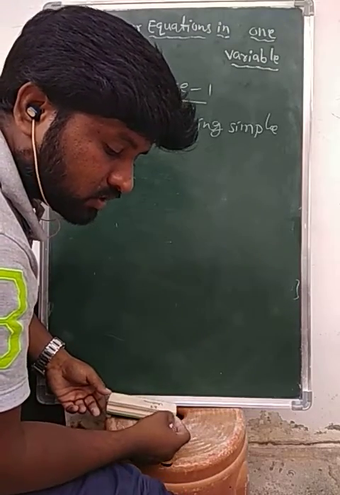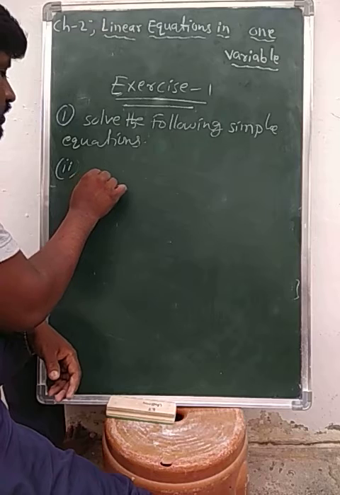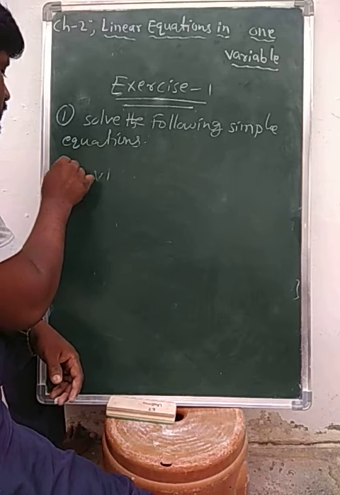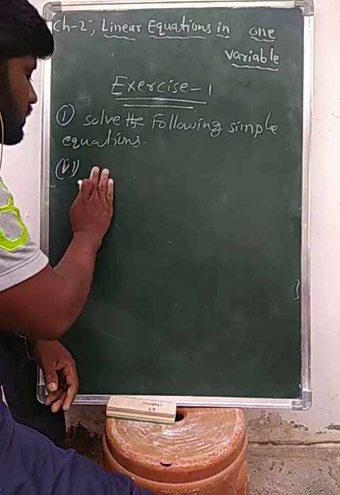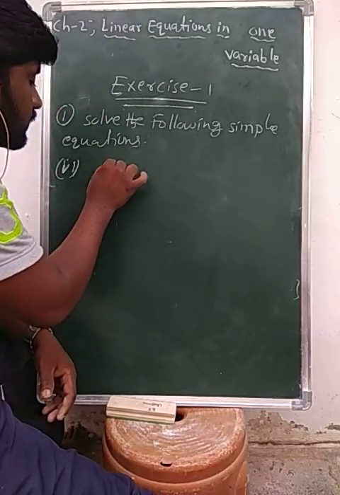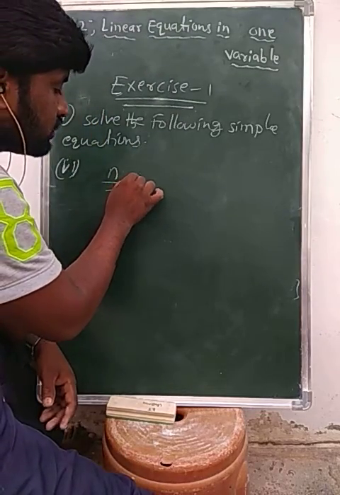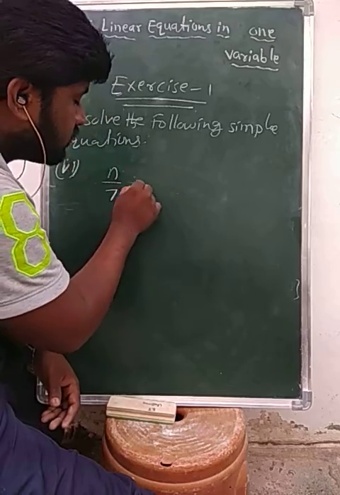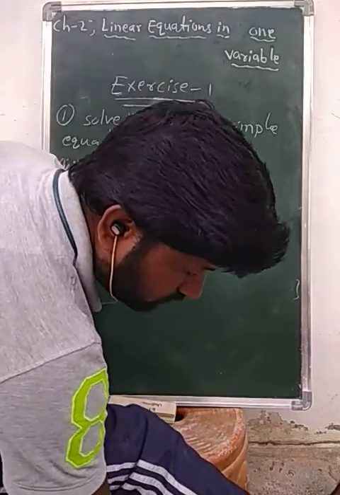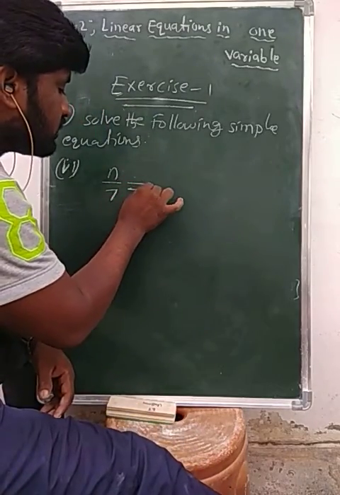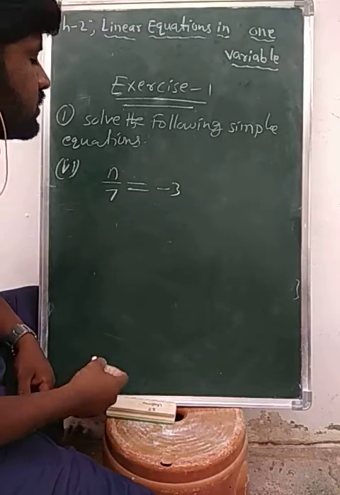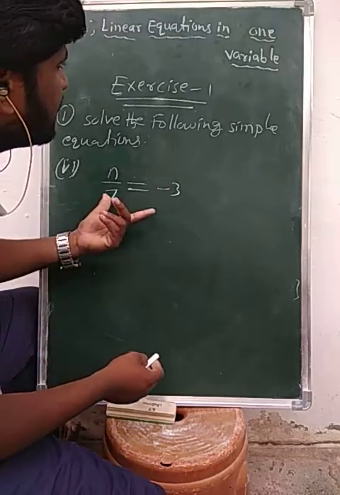Okay, so this is one problem, and let us go for another problem. That is question number 6. The question given is n by 7 is equal to minus 3. It is a linear equation.